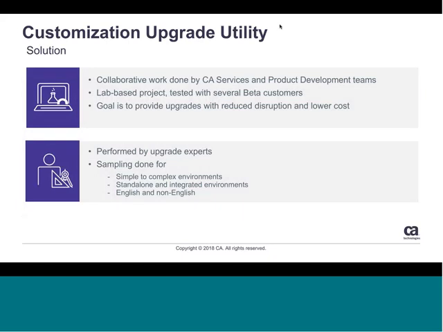And the success really varies based on the version from which you are upgrading. So if you are on a very old version like 12.6 or earlier, then the success rate might go down. But if you are on a version like 14.1 or higher, then we get a very, very good success percentage. And we only consider the customizations that are done under site mods.